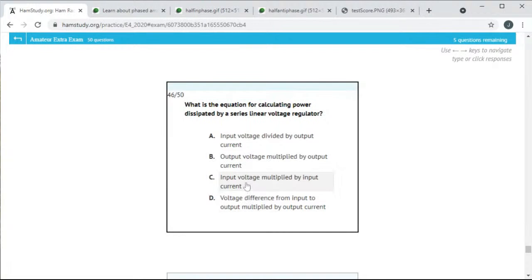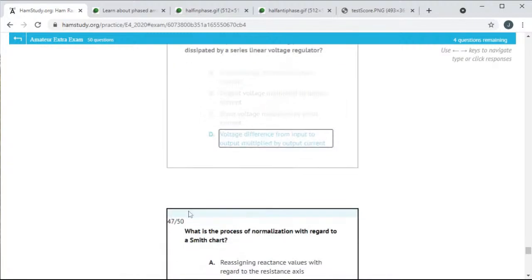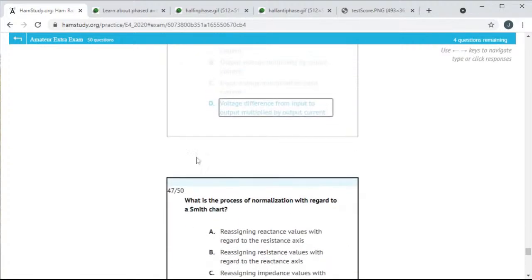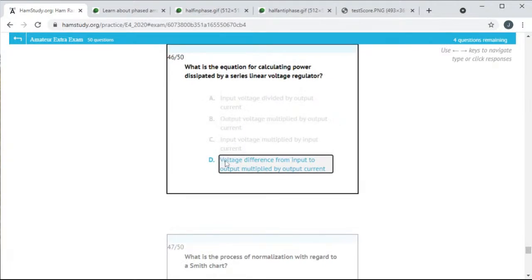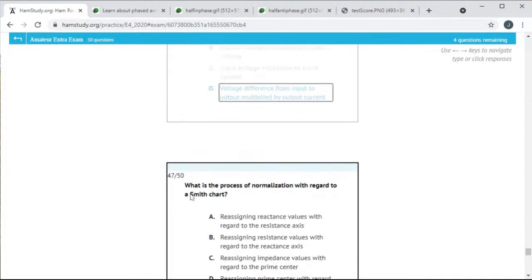Okay, I'm pretty sure it's not B or C. I'm going to go with D, because the difference is the power that's dissipated, and I believe it's in reference to the output current. No, I don't know. I'm actually going to probably come back to that one.